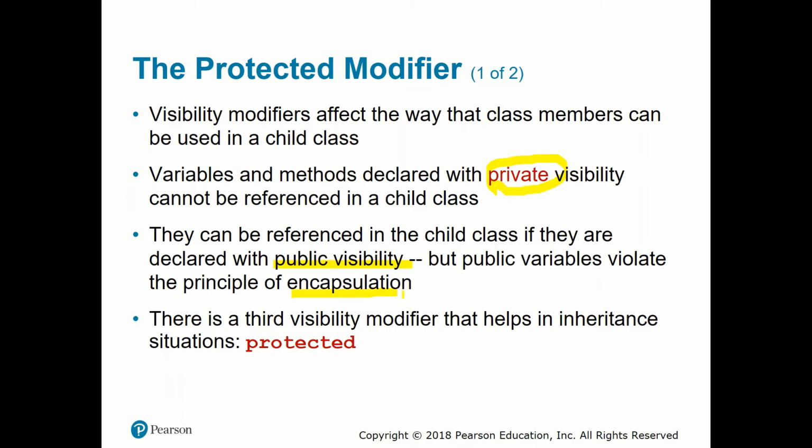So there is a third visibility modifier that helps in inheritance situations, that is protected. If there is no inheritance, then we don't have to define a member as protected. Protected is only related to inheritance situations.